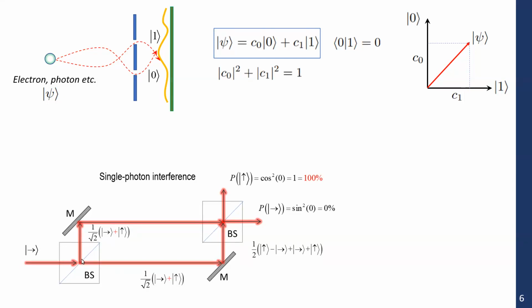One would say, okay, the photon bounces off the first beam splitter with 50% probability up, 50% probability horizontally, and then bounces from the mirrors, and then bounces off the second beam splitter again.